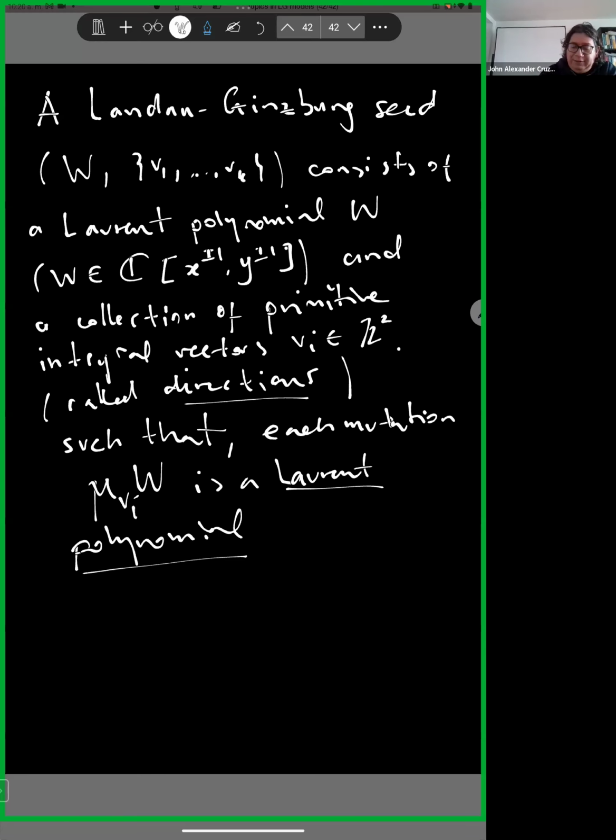And then we can introduce the notion of the mutation of the seed, which is the following.